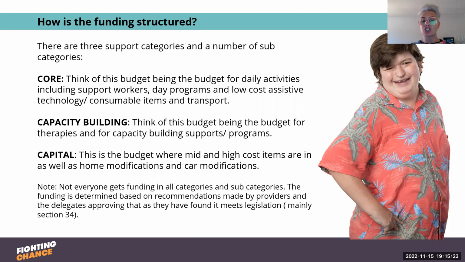But essentially this really shows why it's so important that the providers, where they're putting their recommendations, number one, that it aligns with your requests, but number two, they've really linked it back to reasonable and necessary. So they do play a really important role in supporting you or your person to get the funding that you need to achieve your goals.